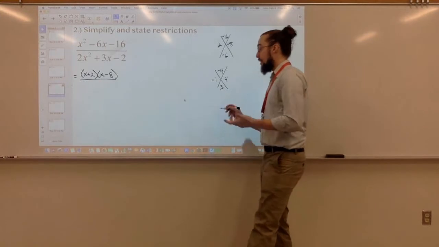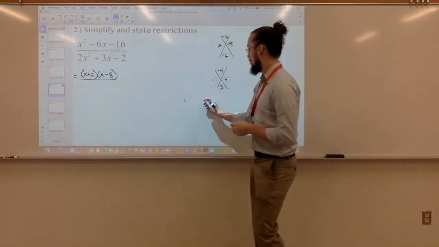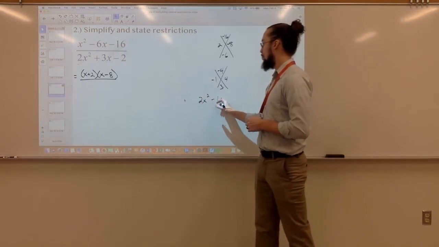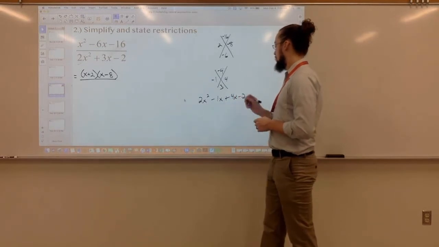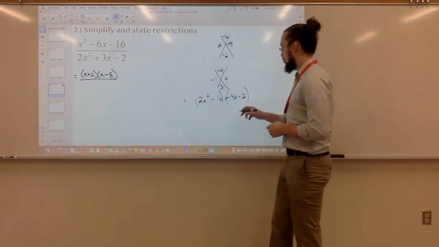So here we have to factor by grouping, because this is not 1. I will say this is 2x squared minus 1x plus 4x minus 2. Group the first two, group the second two.